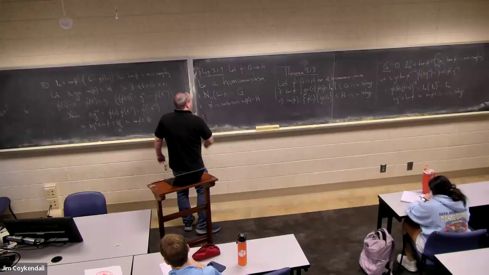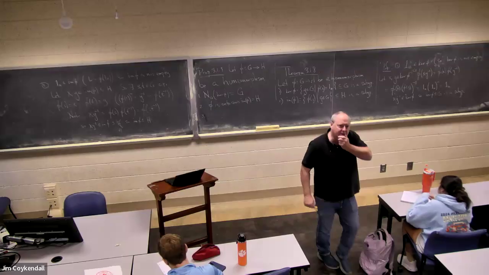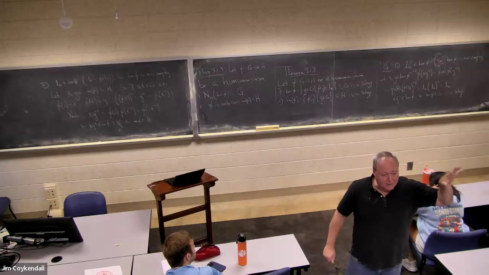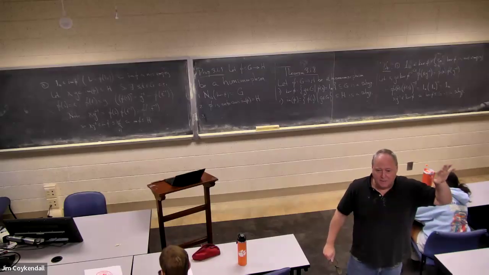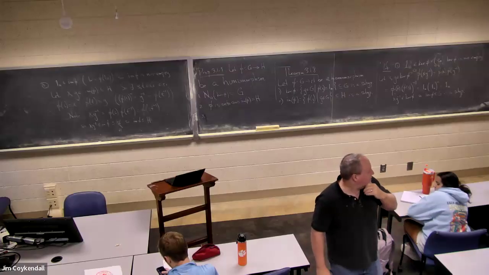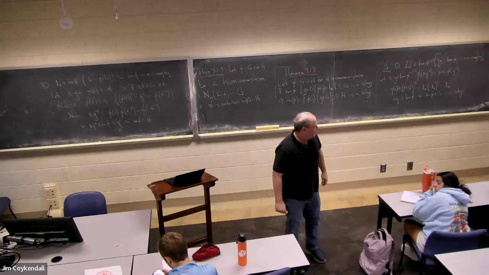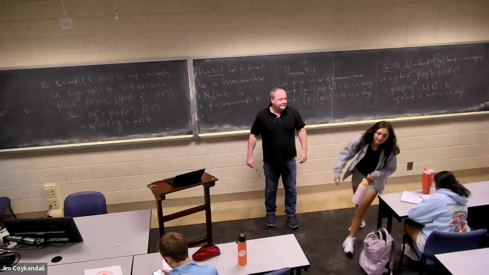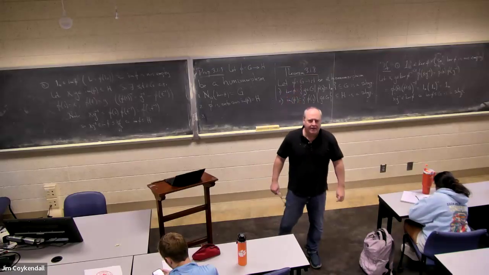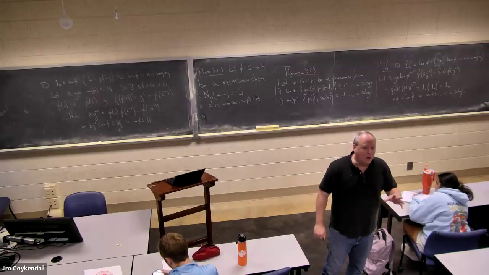Here's the interesting part, and you probably saw something like this in linear algebra. Let's see if anybody remembers this. Suppose you have a linear transformation from a vector space V to a vector space W. Can anybody tell me how you can tell that linear transformation is one-to-one? Yes, the null space, the kernel, is trivial, only zero.